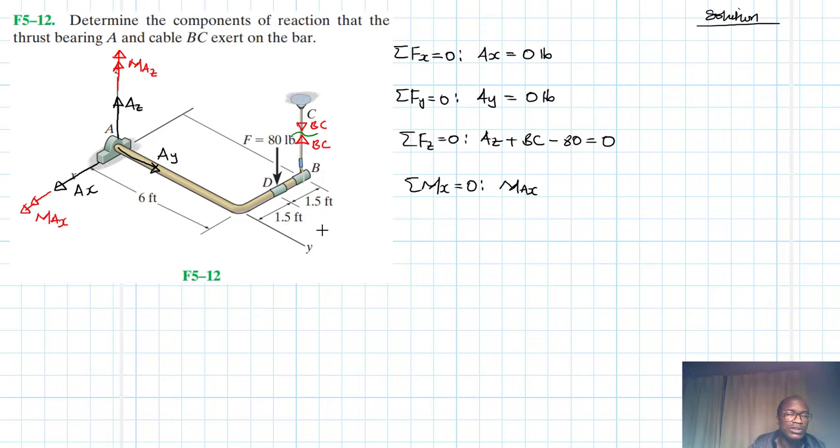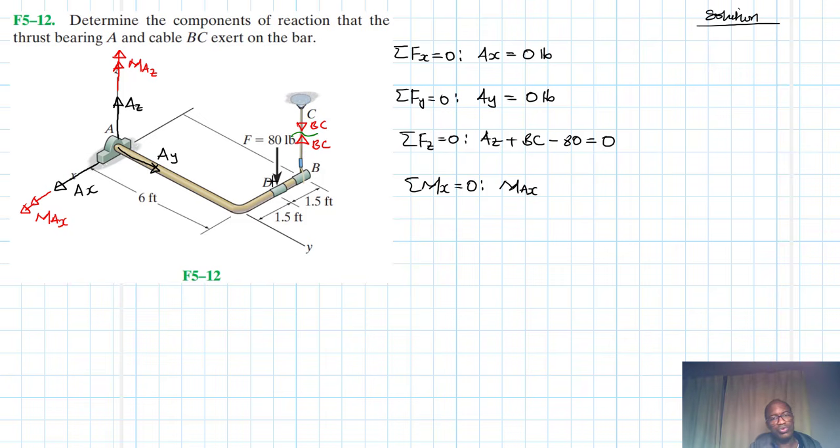So when you have a force that is parallel to an axis, it cannot cause a moment about an axis parallel to itself. So the summation of moments about the x-axis is equal to 0: MAX, and then we'll have 80 using the right hand thumb rule.